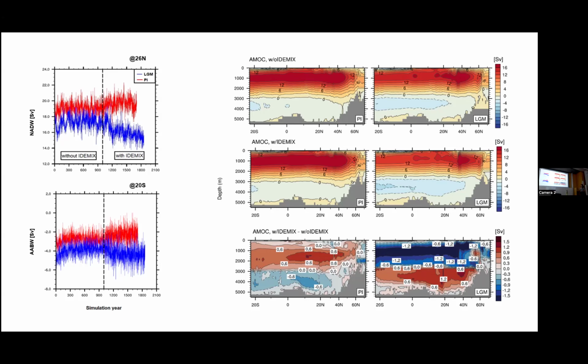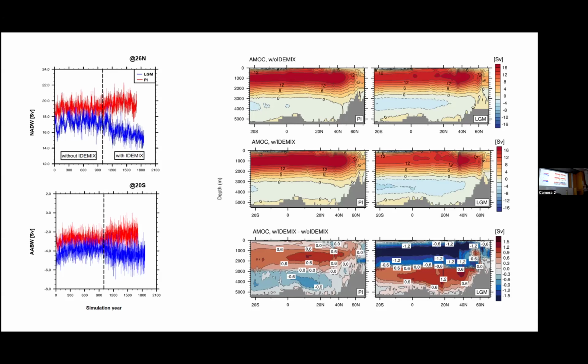And here I am showing the time series over our simulation year for the North Atlantic deep water for the maximum strength and the Antarctic bottom water, again for the lowest, but actually the maximum strength over time. And as you see, also here for the PI ocean, it's slightly increasing for the North Atlantic deep water, so it's the upper cell, and still decreasing, maybe with a more powerful trend for LGM.